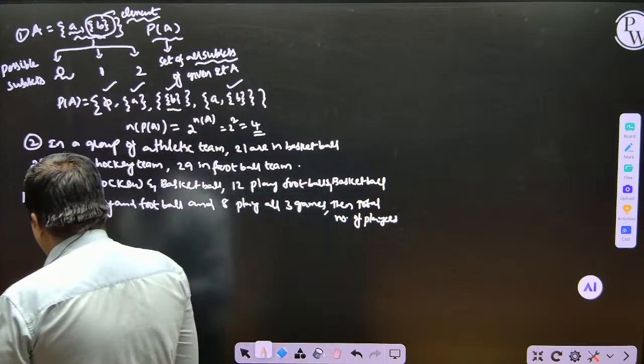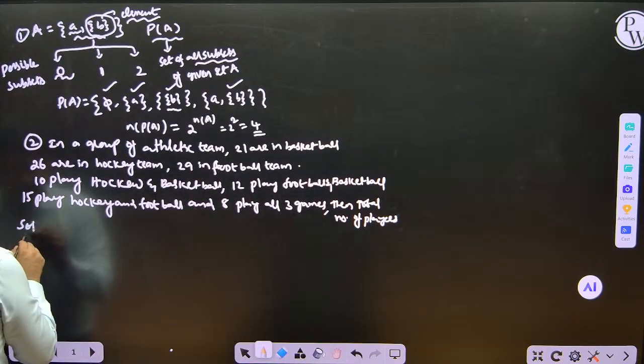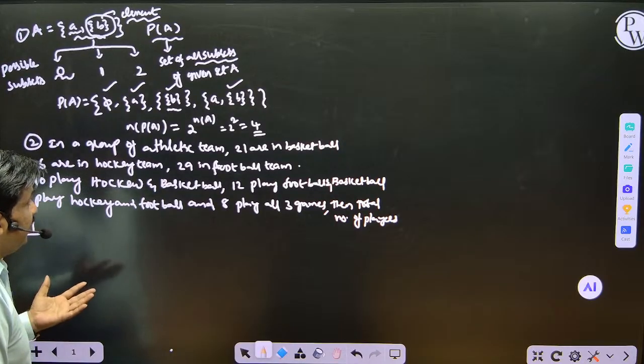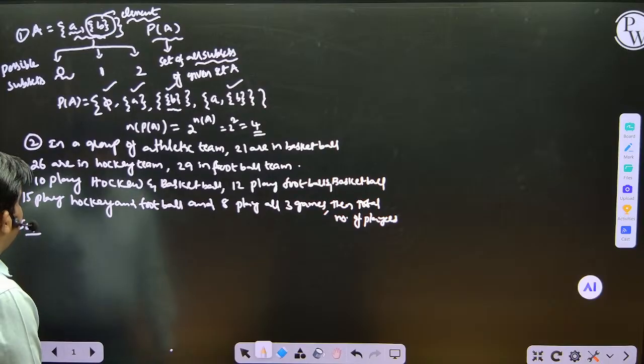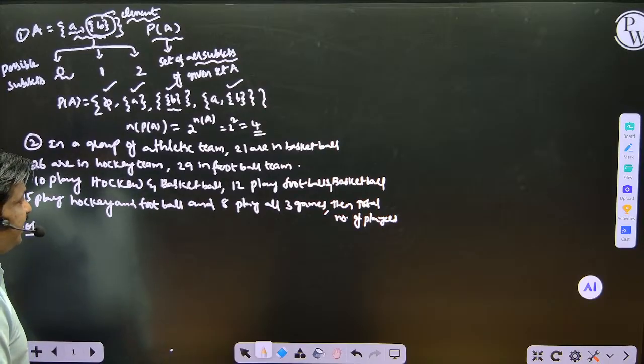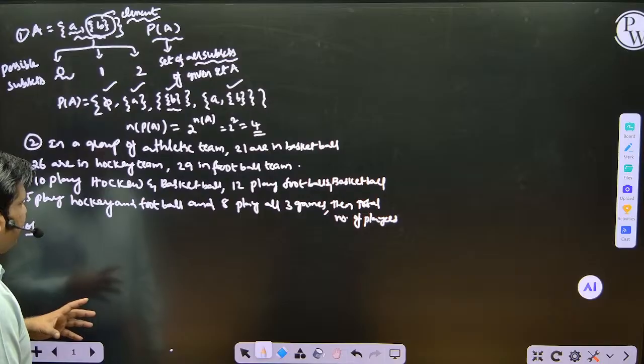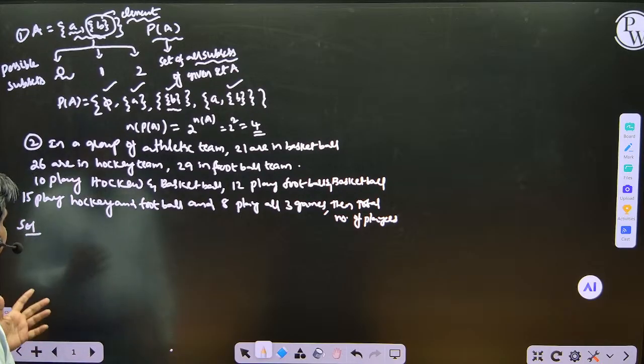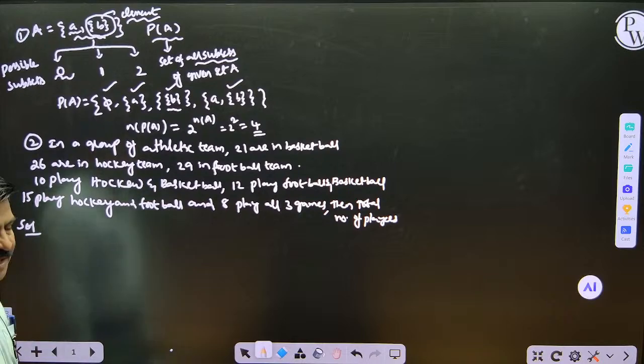So here we are going to solve this problem. He asked: in a group of athletic team, 21 are in basketball, 26 are in hockey team, 29 in football team, 10 play hockey and basketball, 12 play football and basketball, 15 play hockey and football, 8 play all three games. Then the total number of players is asked.